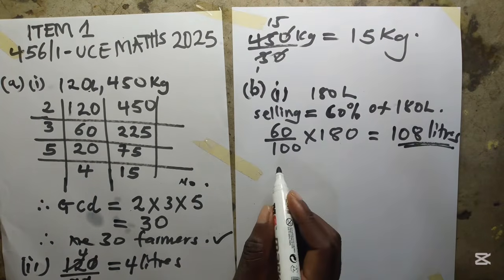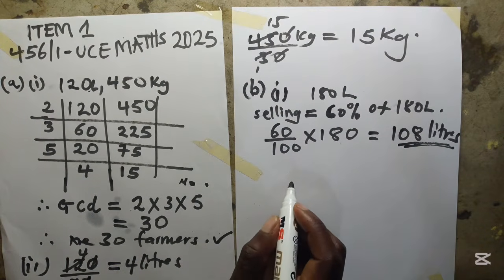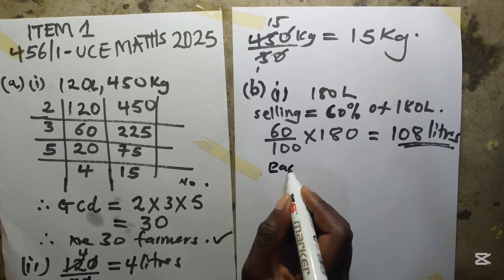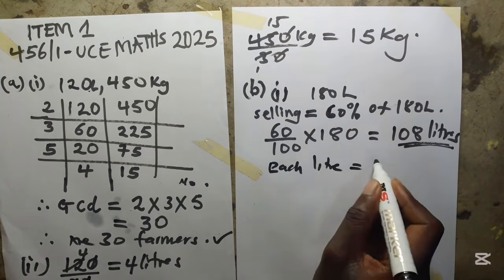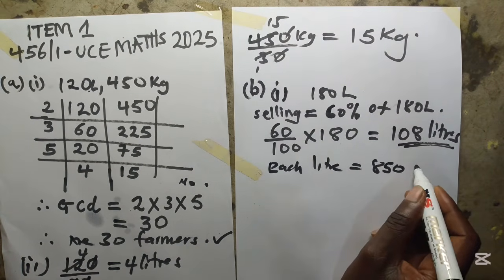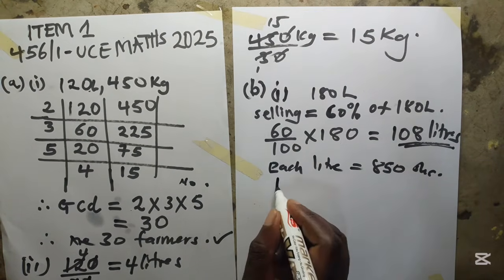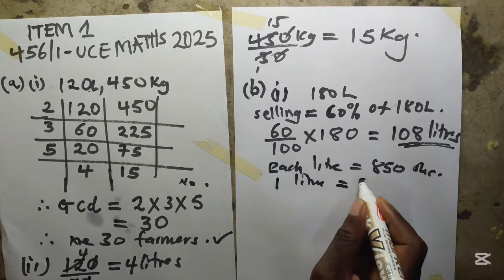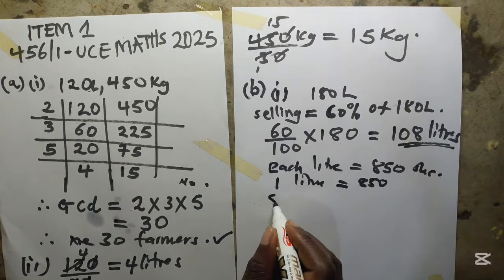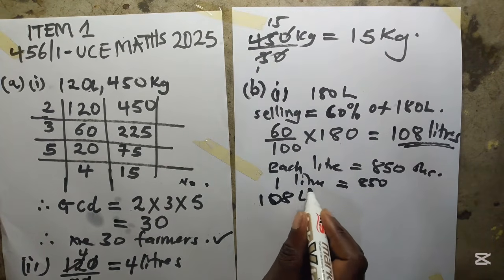But then they said that he sold each liter at 850 Ugandan shillings. Now, if 1 liter equals 850, how about 108 liters?